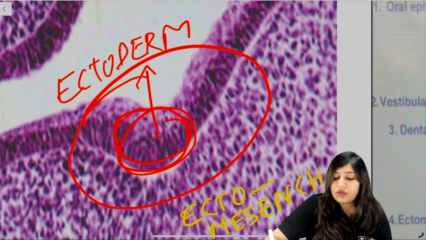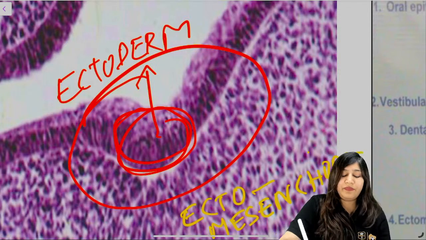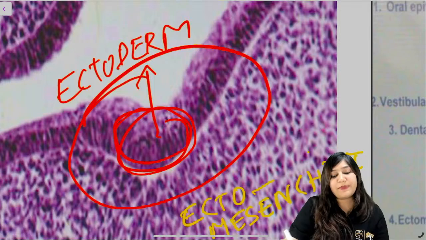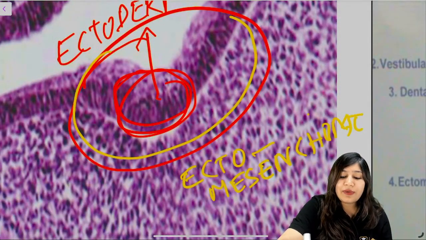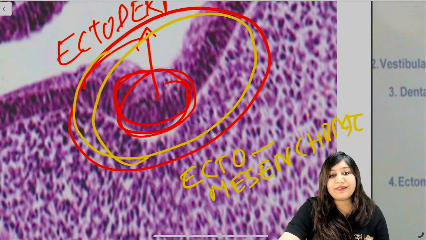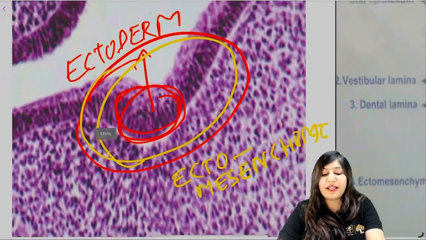So, slight invagination of ectoderm is seen in the underlying ectomesenchyme. This is our primary epithelial band formed by the proliferation of the ectodermal portion.